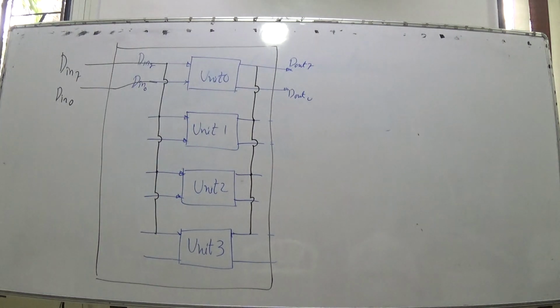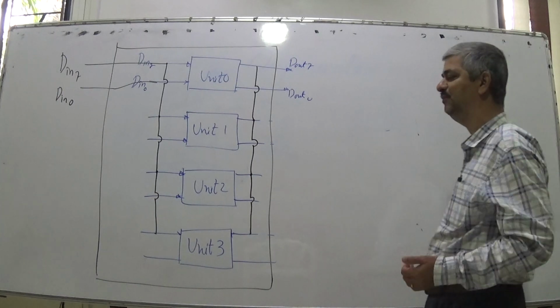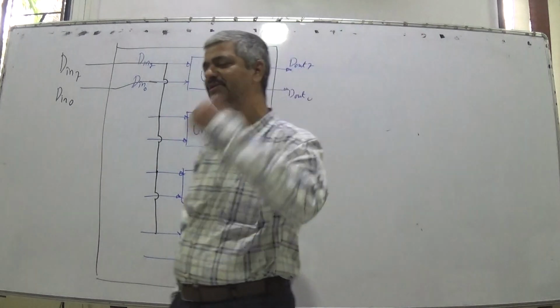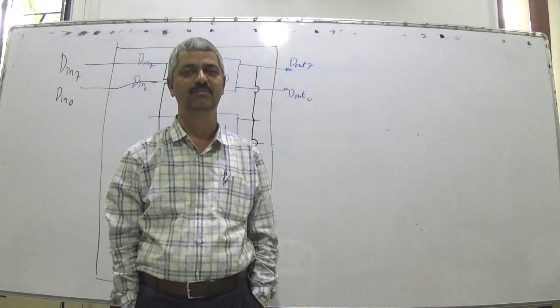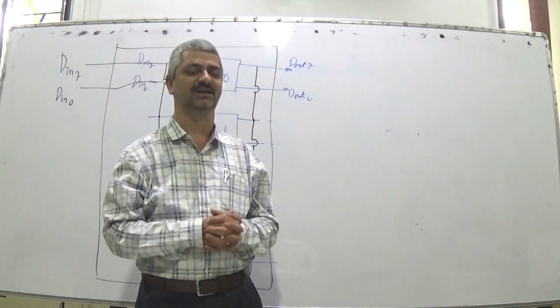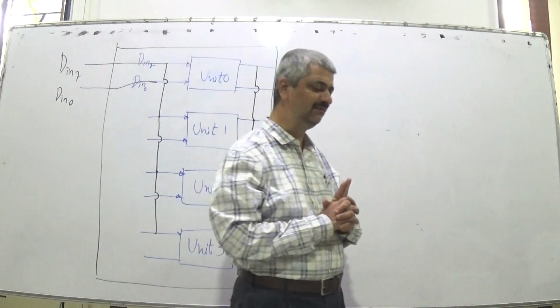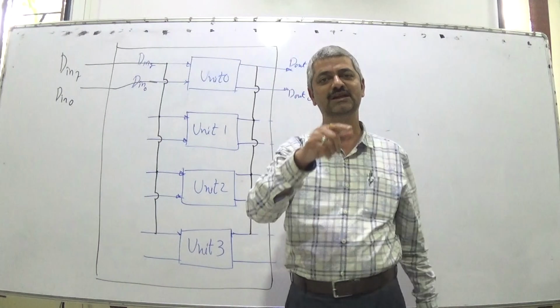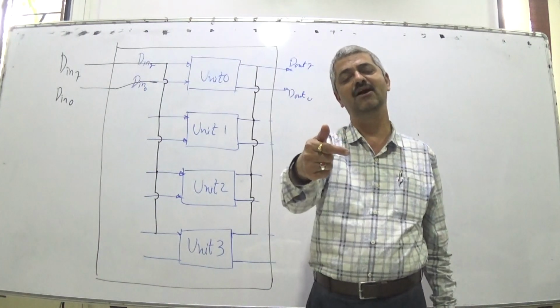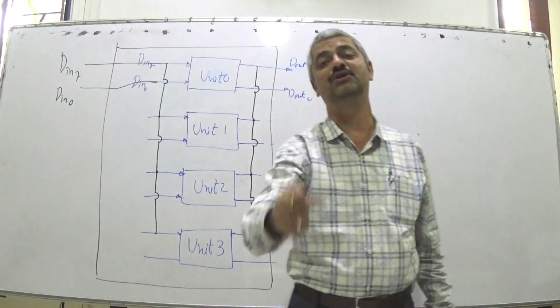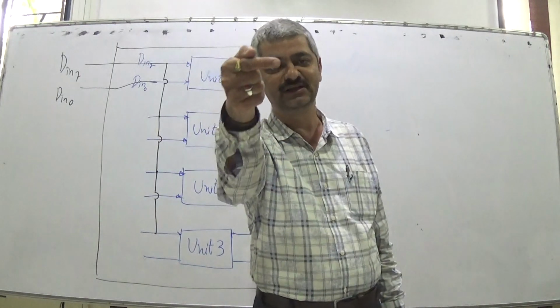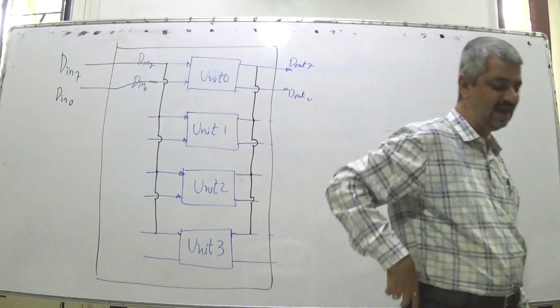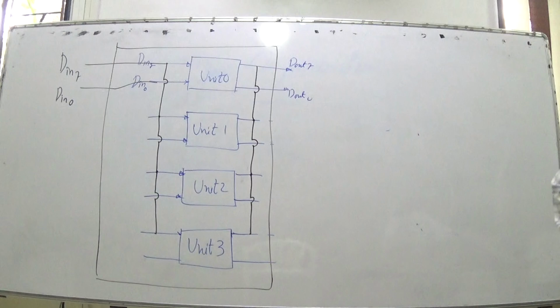What will happen if one unit wants to give 1 on that pin and other units want to give 0 on that pin? There will not be a short circuit. That will not happen because no unit will give anything on output lines unless you read it. So it is for you to decide which unit should give.